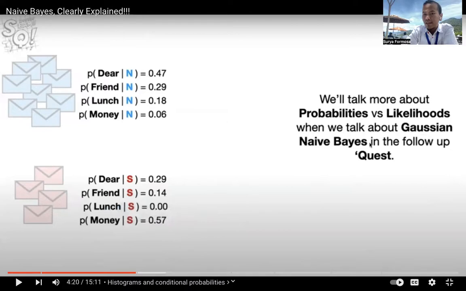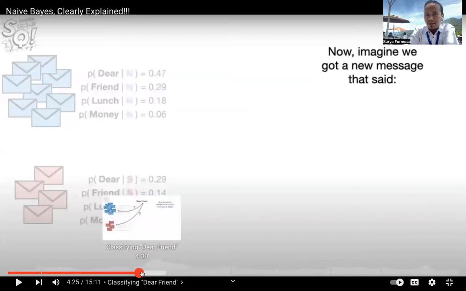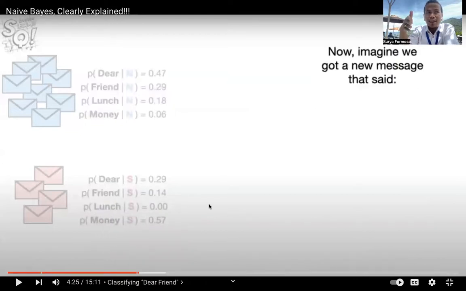Nah, kita akan talk about Gaussian naive Bayes. So kemudian we test, we calculate whether a new message can be categorized into normal messages or spam messages.